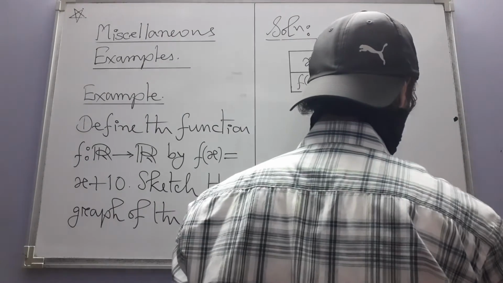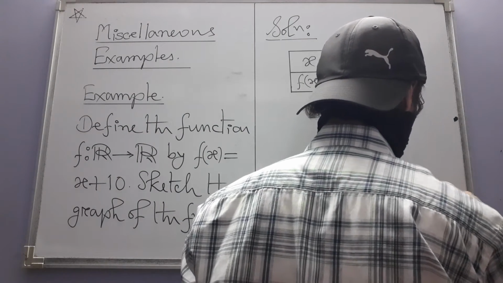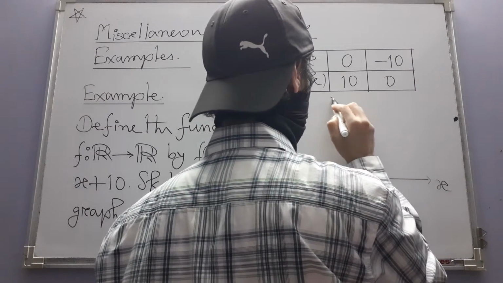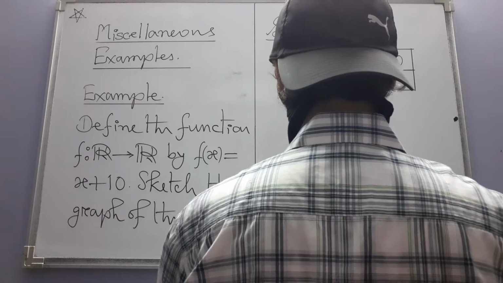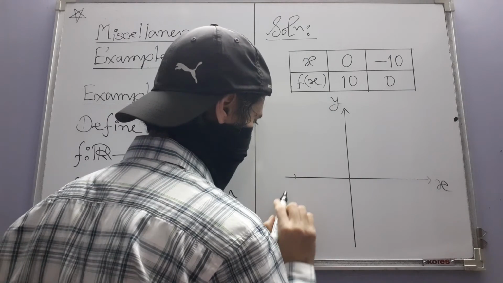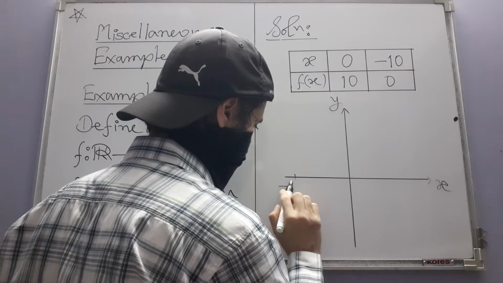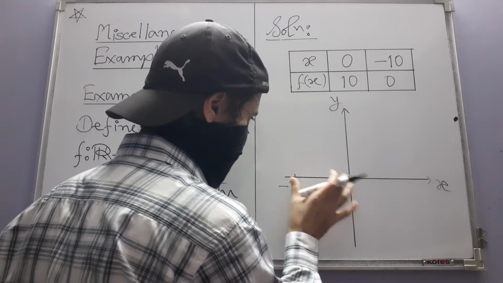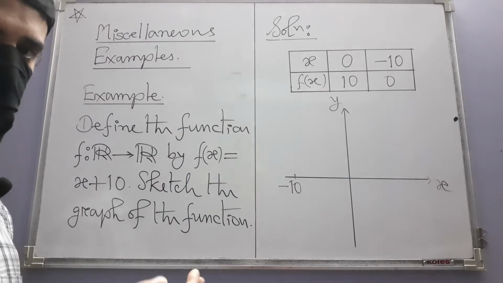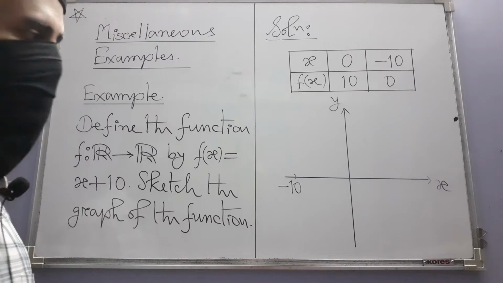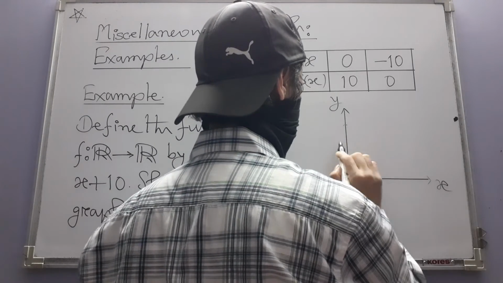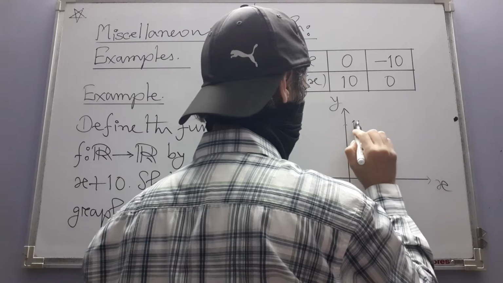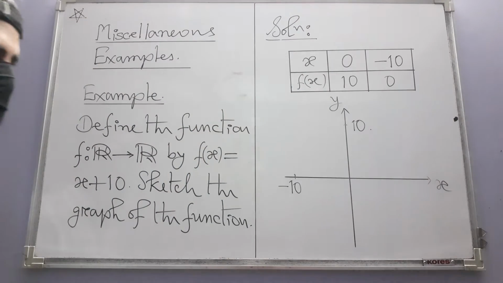I will just simply assume that this much is 10 units distance from the origin on this side, that's why we have minus 10. And an equal amount above the origin will give me the point 10 on the y-axis.